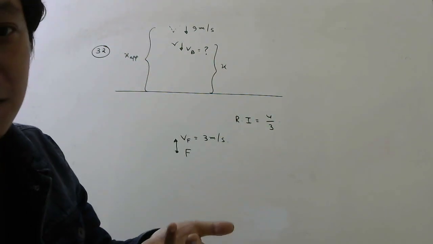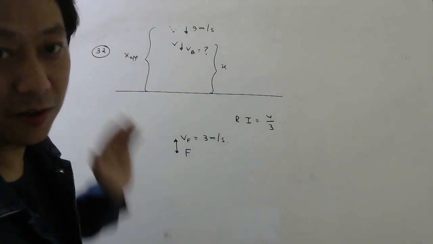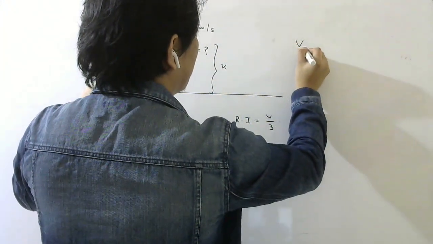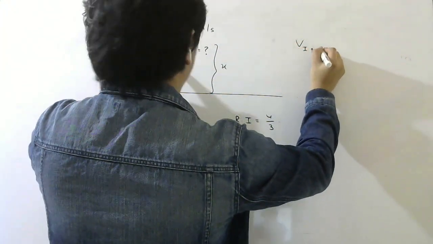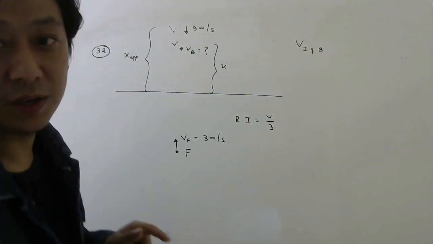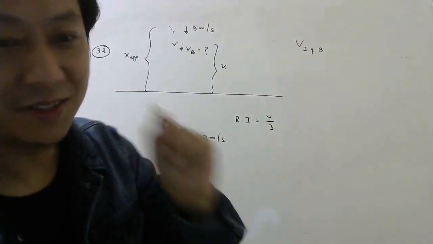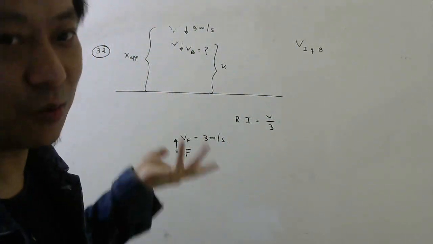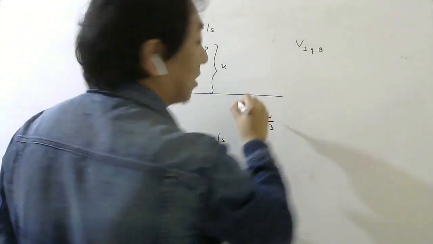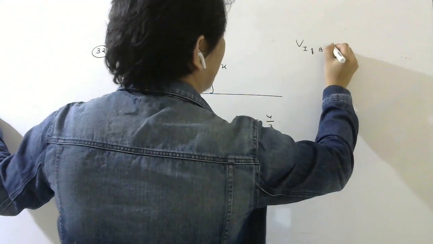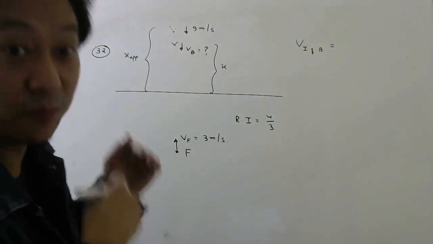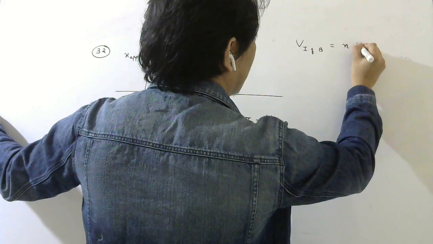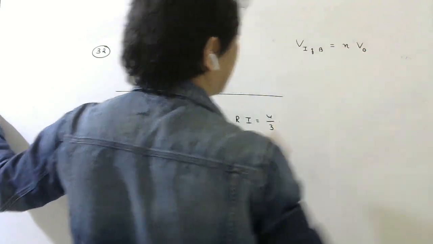That means your apparent velocity also will be more than the real velocity, because we have to do differentiation. So the velocity of image of bird, it is very important to understand all these symbols. The velocity of image of bird with respect to surface, which is now with respect to ground also because the surface is at rest, will be more, because it is the refractive index times the velocity of object.